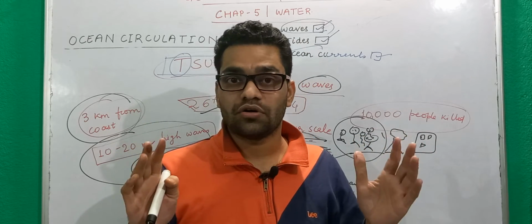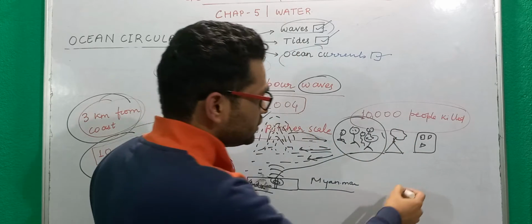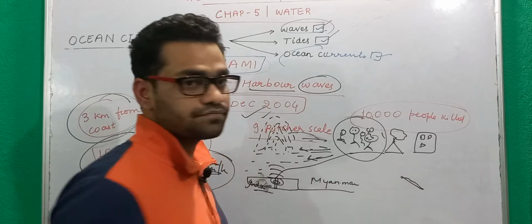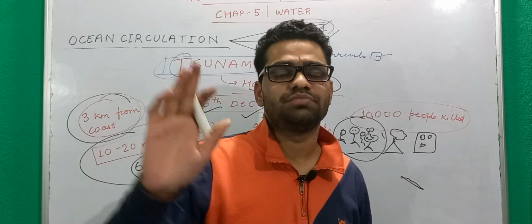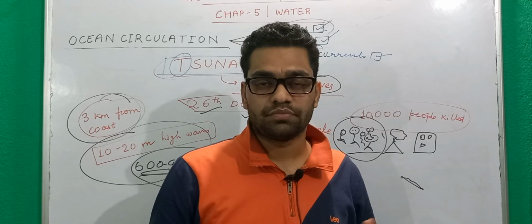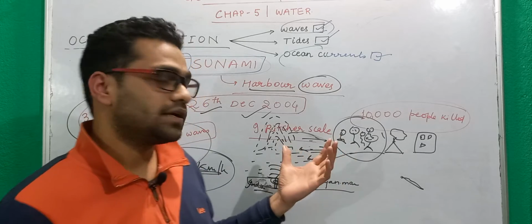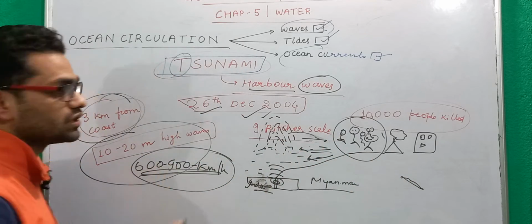So it killed almost 10,000 people in the coastal areas, particularly this Indonesia part that we have. Innumerable damage was done, and property and houses were destroyed.